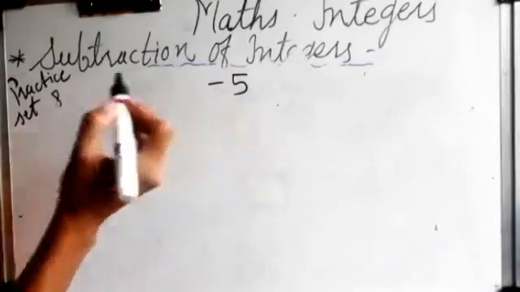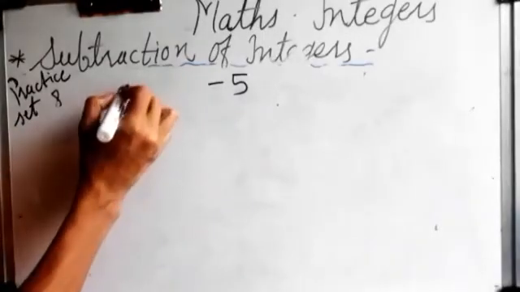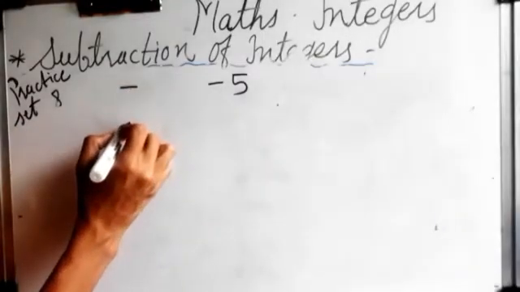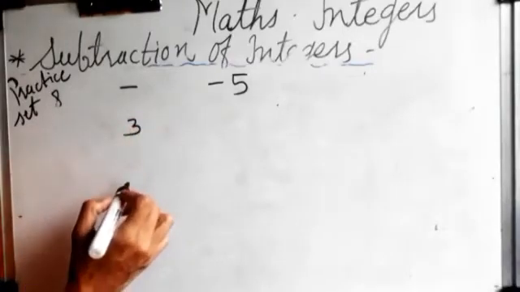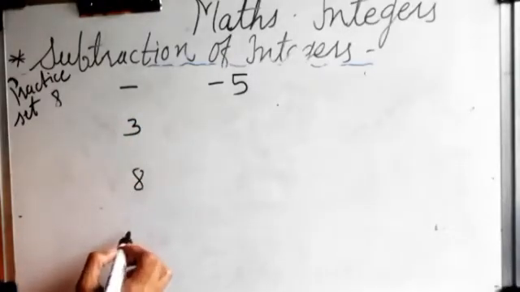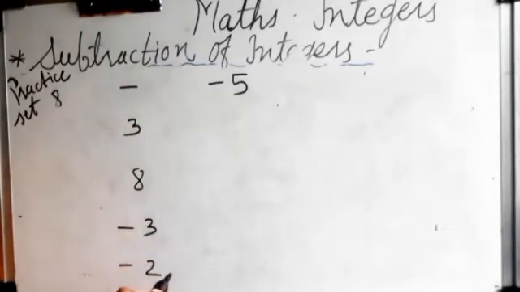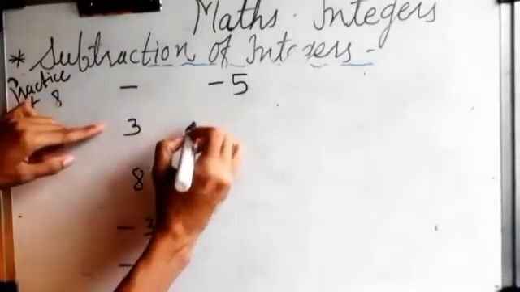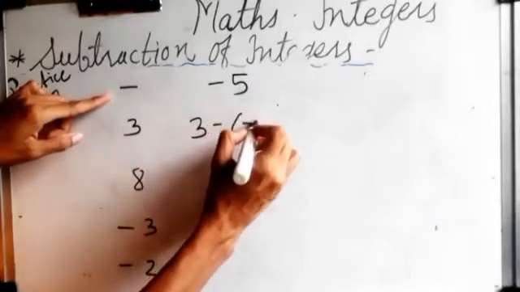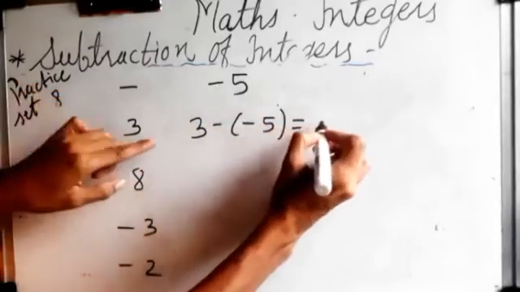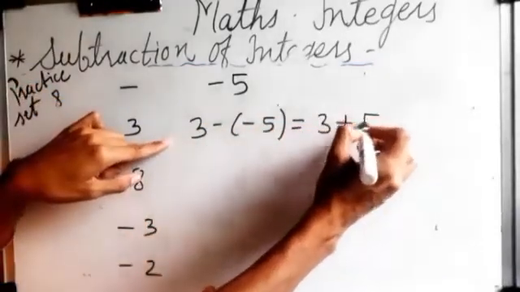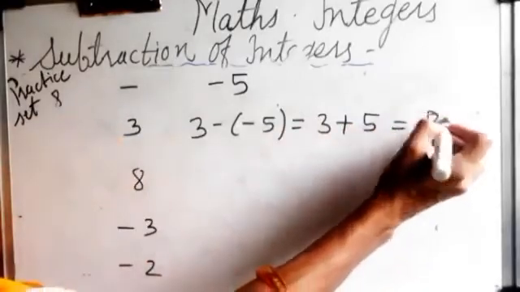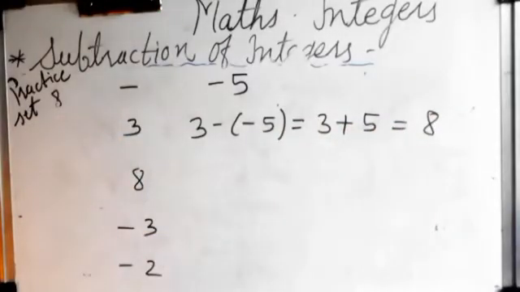Next is for minus 5. So again see here, for the same here, see 3, 8, then minus 3 and minus 2. Again, let me solve now first little. So here 3 minus 5. That means 3 plus 5. That means 8. Did you understand?